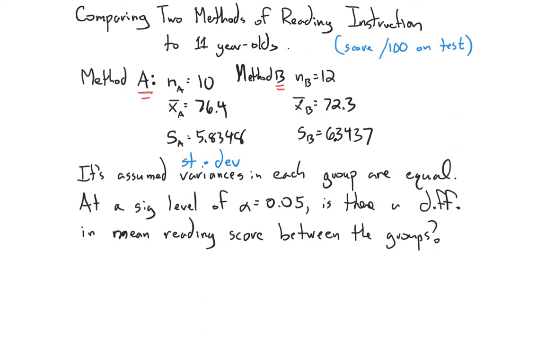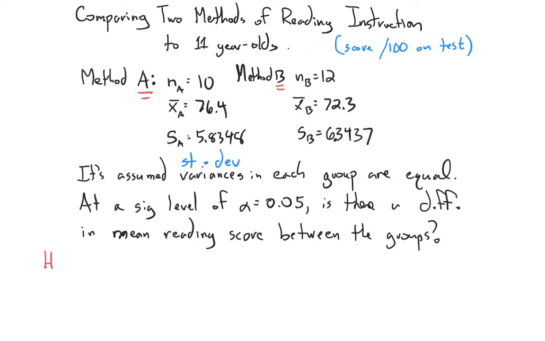So we want to do a hypothesis test on this data. Let's set up our null and alternative hypotheses first. It's not quite said here, but when we want evidence that there is a difference, or that something happens, we have to assume that it doesn't happen first.